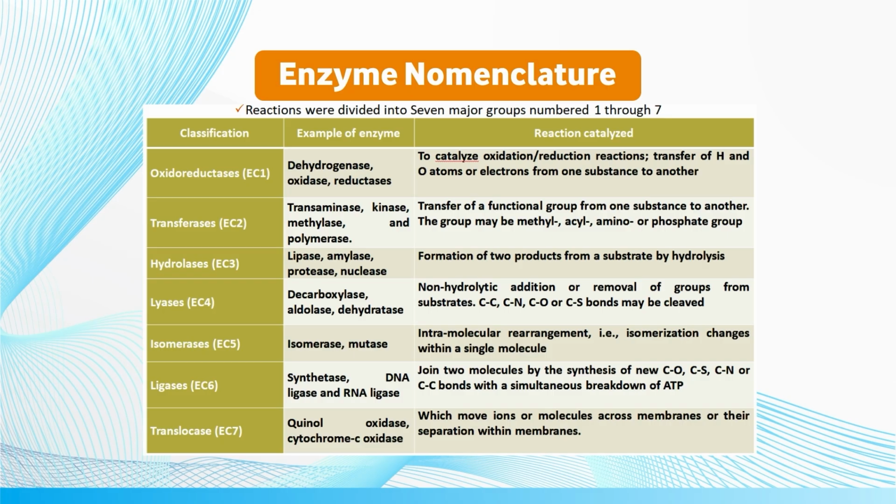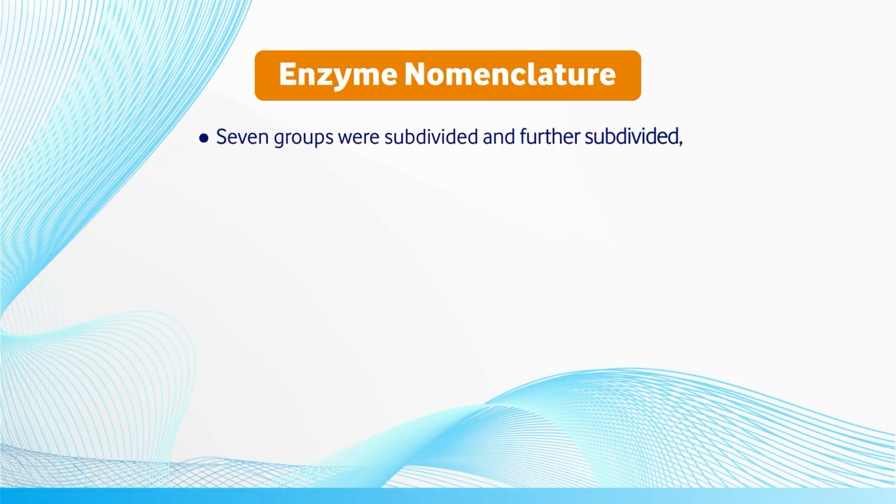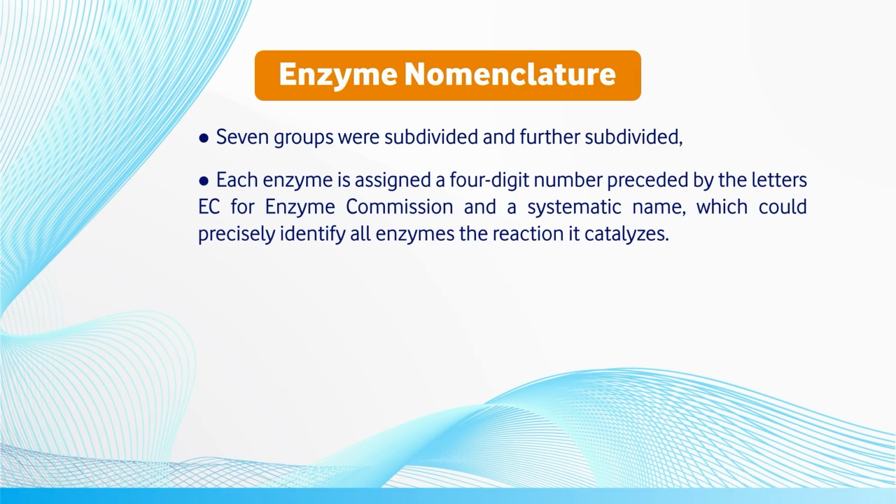So these 7 groups of enzymes are there, and we have already discussed the nomenclature of enzymes, where we mentioned that there is a 4-digit nomenclature system. Those 7 groups were subdivided and further subdivided into subgroups, and each enzyme is assigned a 4-digit number preceded by the letters EC for Enzyme Commission, and a systematic name which could precisely identify the enzyme and the reaction it catalyzes.